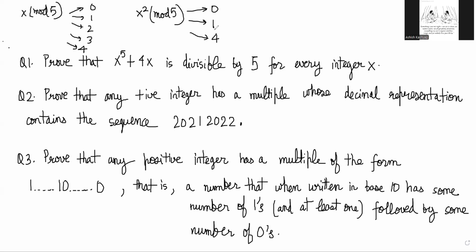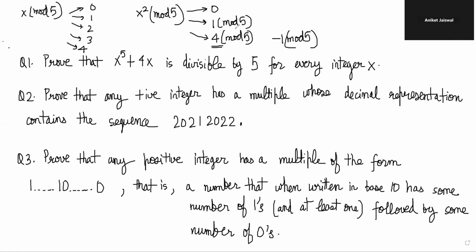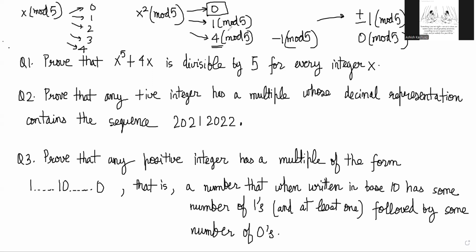So 4 mod 5 and 1 mod 5, you can think of this as minus 1 mod 5. So basically you are getting either plus or minus 1 mod 5 or 0 mod 5 for x square. The 0 mod 5 happens only if x is divisible by 5.